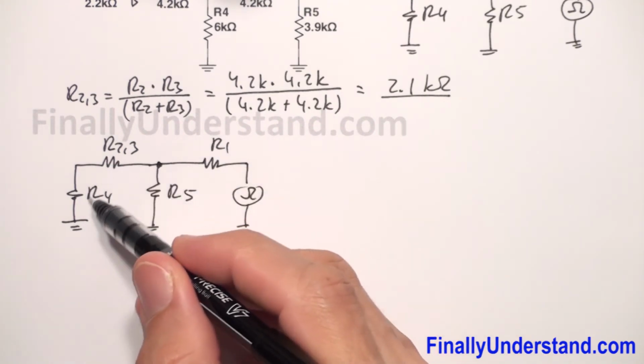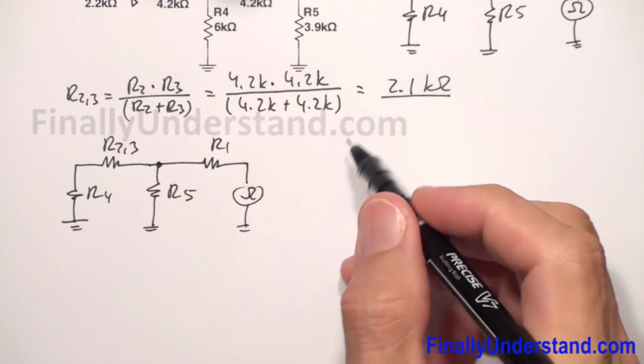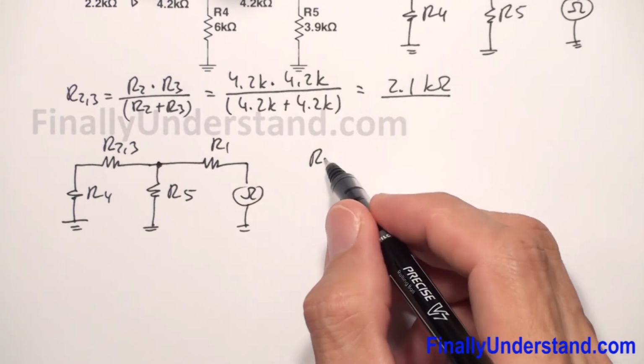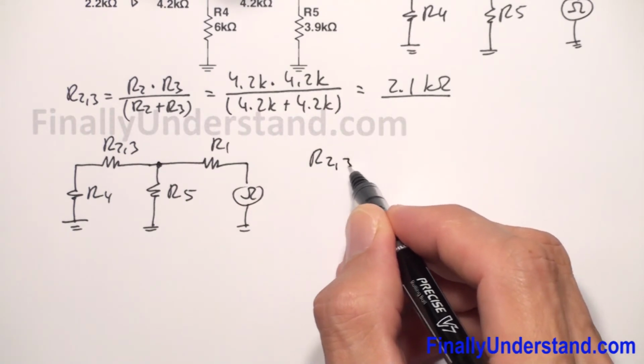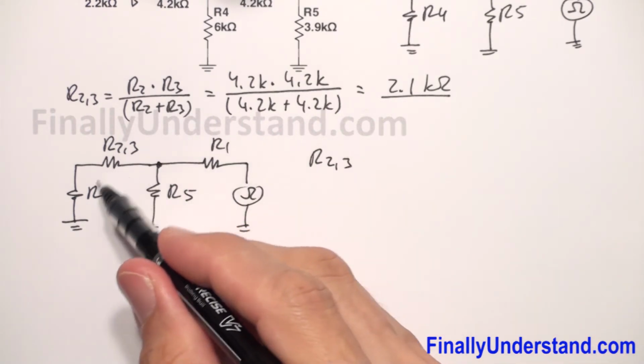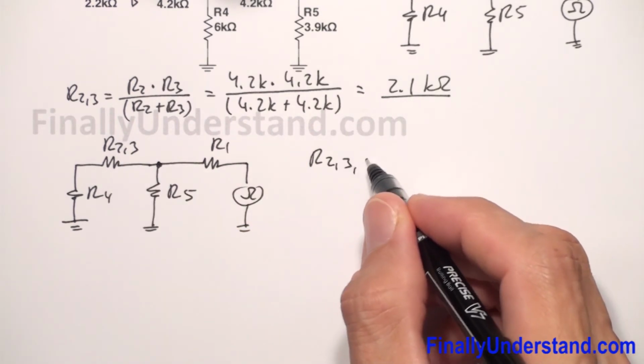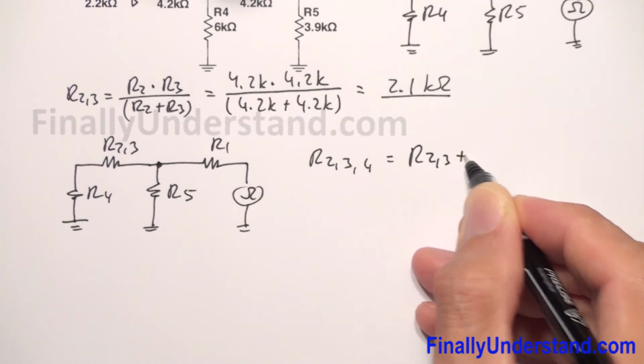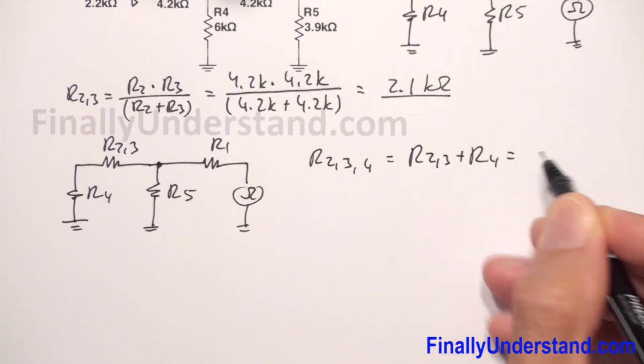Now these two resistors are in series, so I'm going to find the total resistance, the equivalent resistance, for these two. R234 is equal R23 plus R4.